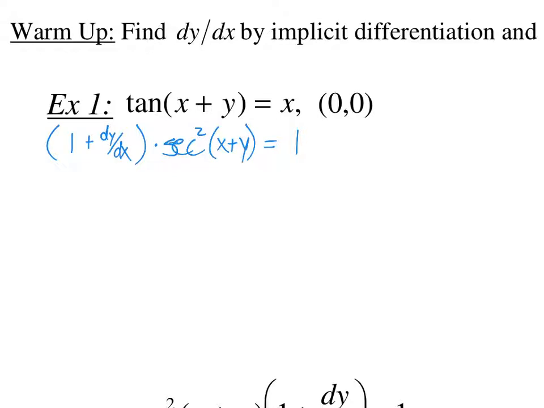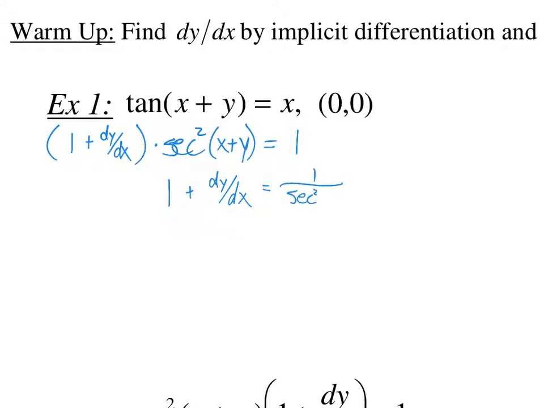Okay? So at this point, what we need to do is simplify a little bit. How do I get a secant squared over to the other side? Okay, if I divide by secant squared, I've got 1 plus dy dx equals 1 over secant squared.